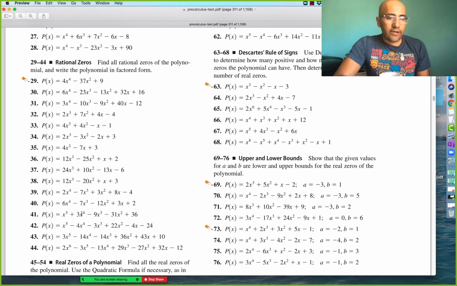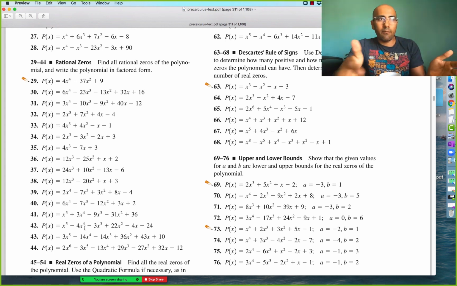We'll try another one, maybe one with degree 5, where we might not find 5 unique rational zeros. In those cases, we're not going to be able to jump to the conclusion of what the product of binomials is. We actually have to use synthetic division to break it down and figure out the factored form, or break it down as much as we can. Okay, so this would be a good place to stop.